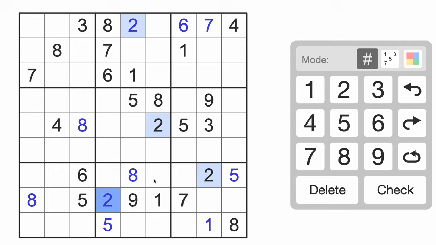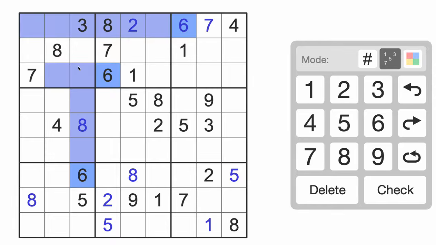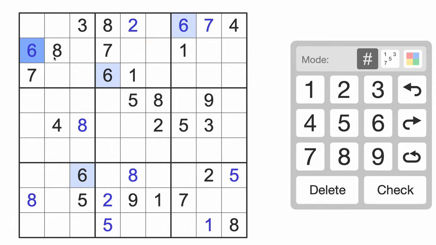Oh, I can place 6 in box 1. And then what? 1, 2.